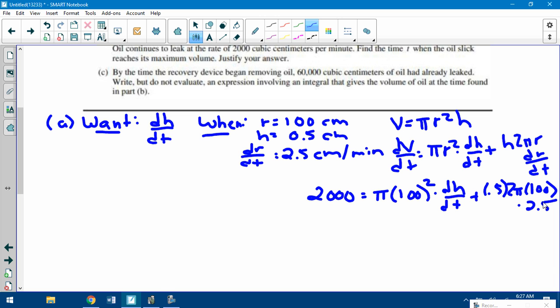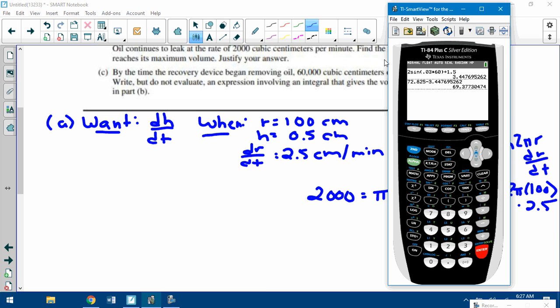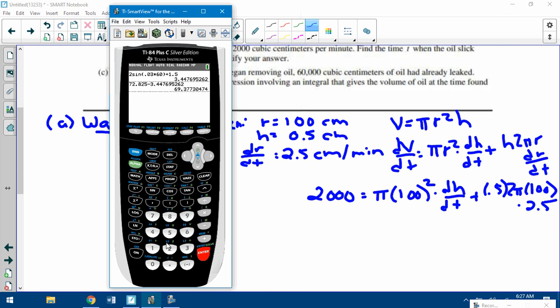Okay, so I'm going to move all this to the other side. So 2,000 minus 0.5 times 2 pi times 100 times 2.5.